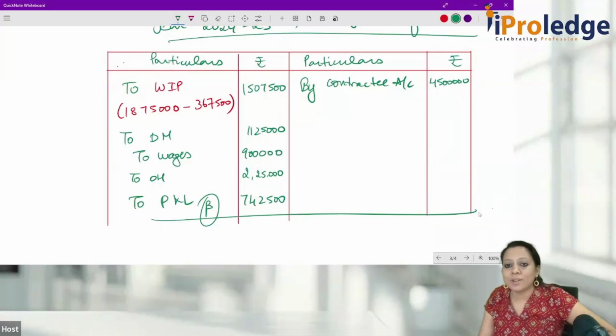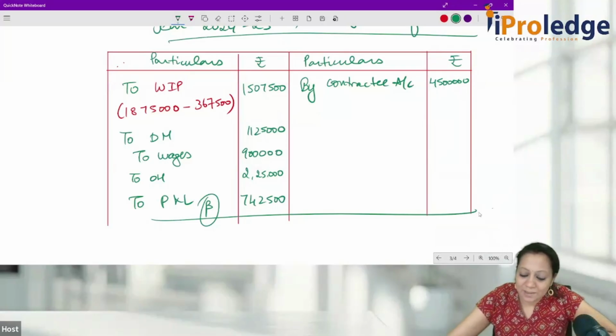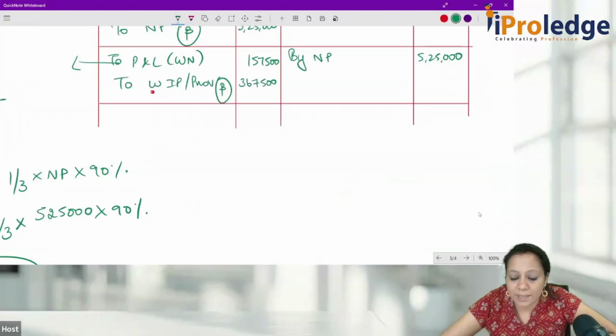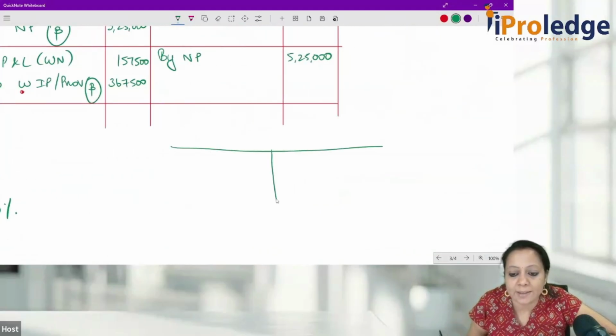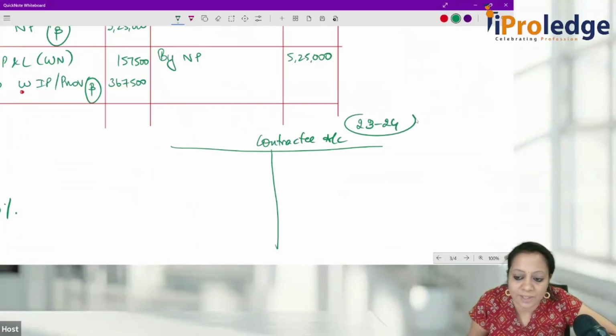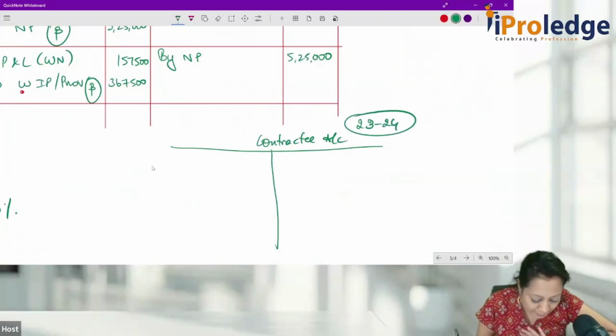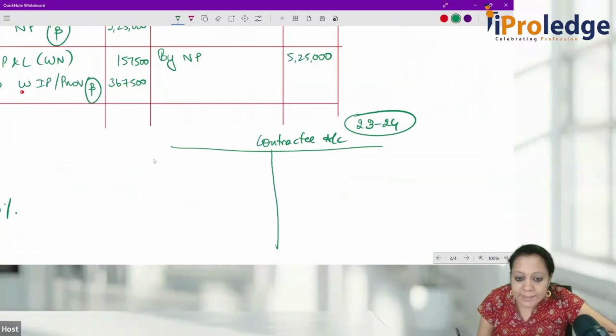Now we will prepare the contractee account. First I will prepare the contractee account for the first year, just as a rough. This is for 23-24, the first year. There is no balance, I think.